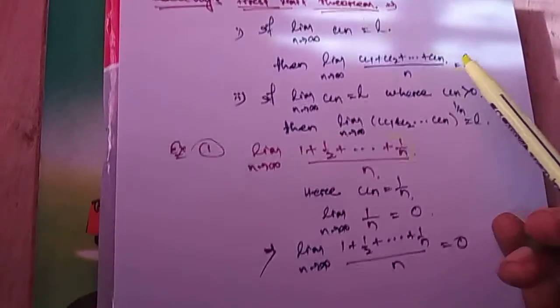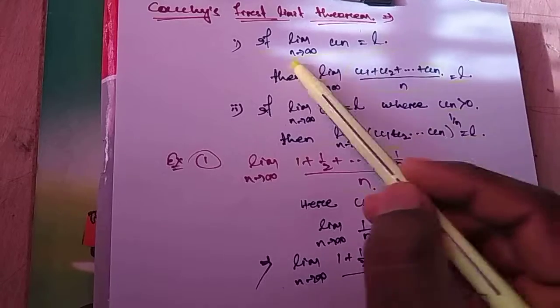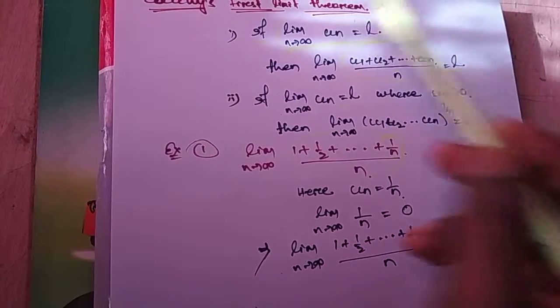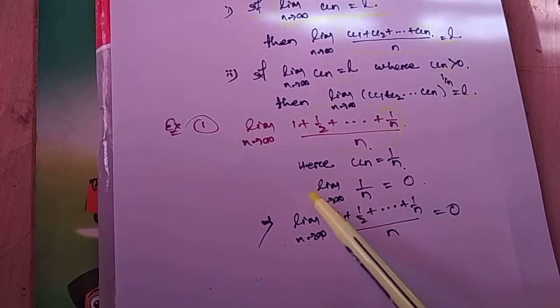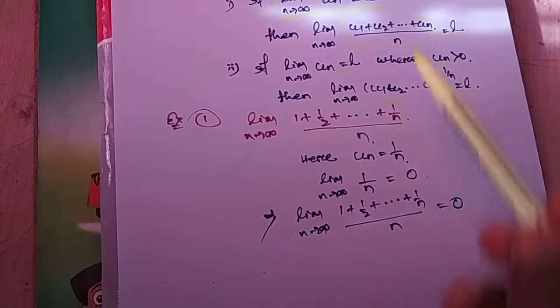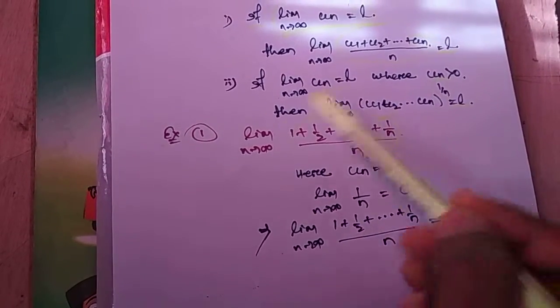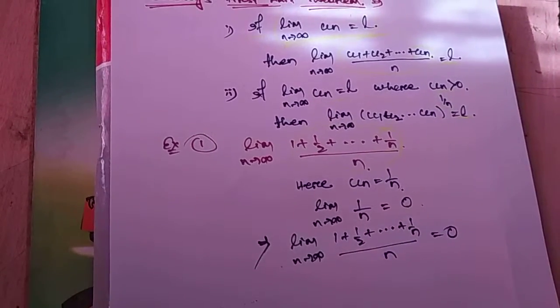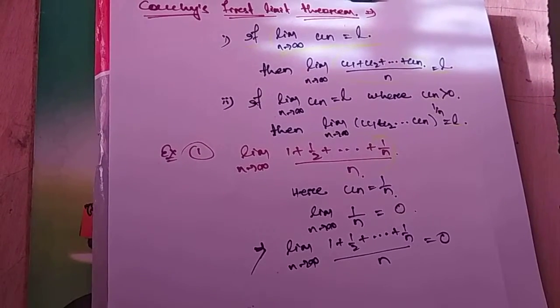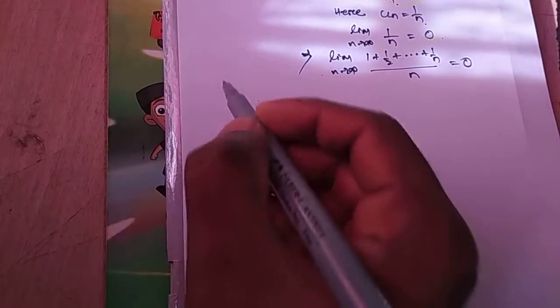Because we just apply Cauchy's first limit theorem. If limit n tends to infinity un equal to L, here L is 0, then the whole sequence would be 0. Okay, so this is Cauchy's first limit theorem. Now we should go on to study Cauchy's second limit theorem.